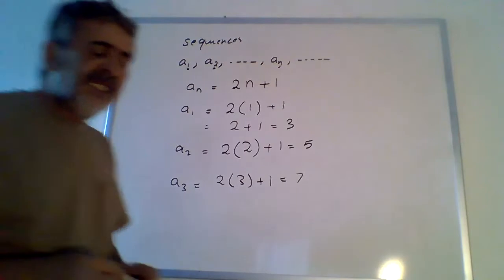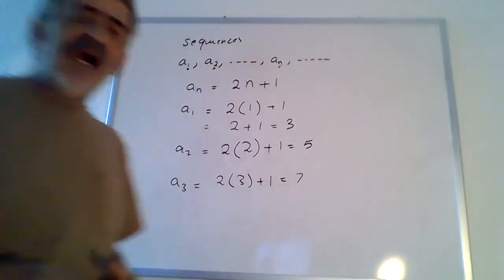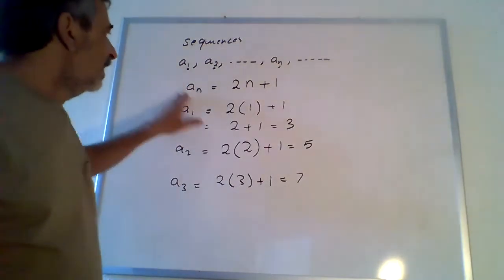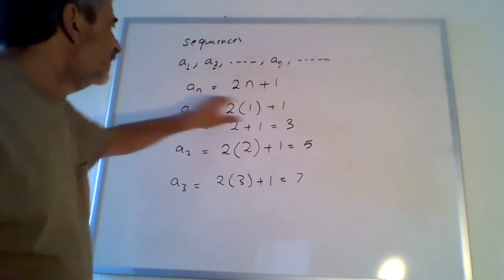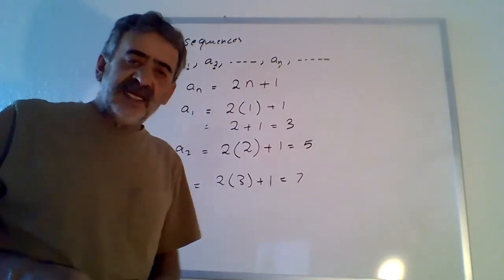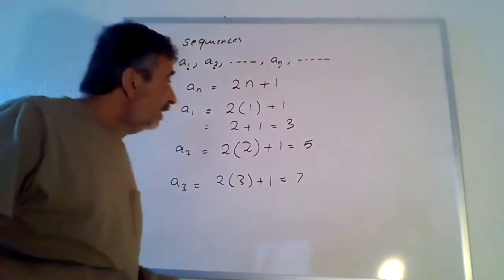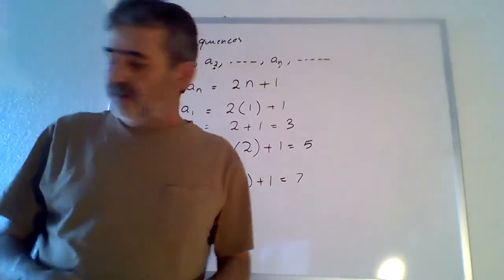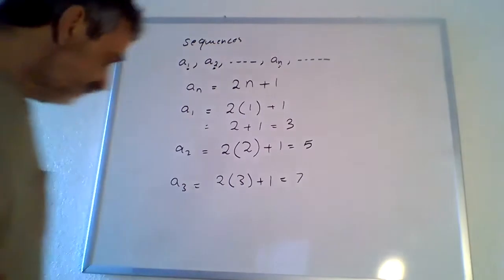So this is how we find the elements of a sequence. We take the nth term of the given sequence, and then we replace n in the nth term by the subscript we want. That gives me that particular term of the sequence.